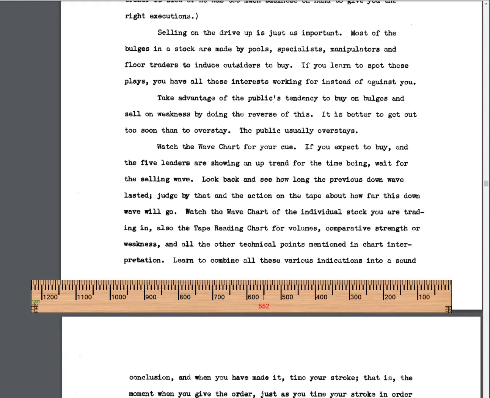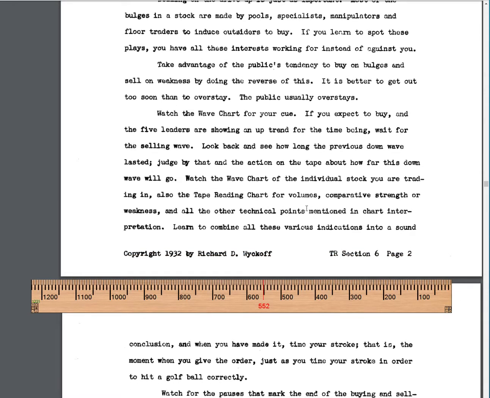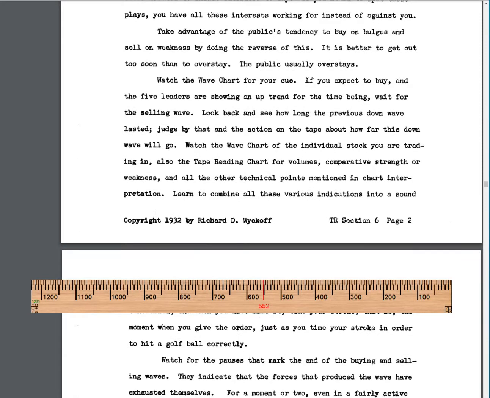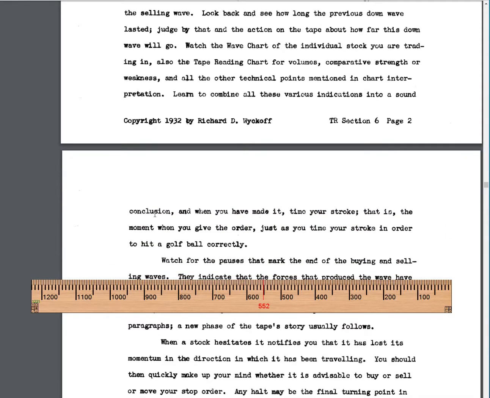You can look at the tape reading chart. The focus is on volume, but we're also seeing if the stock is stronger or weaker than the average, meaning market average, and all the other technical points mentioned in the chart interpretation. Look to combine these various indications into a sound conclusion, and when you have made it, time your stroke. That is the moment you give the order.